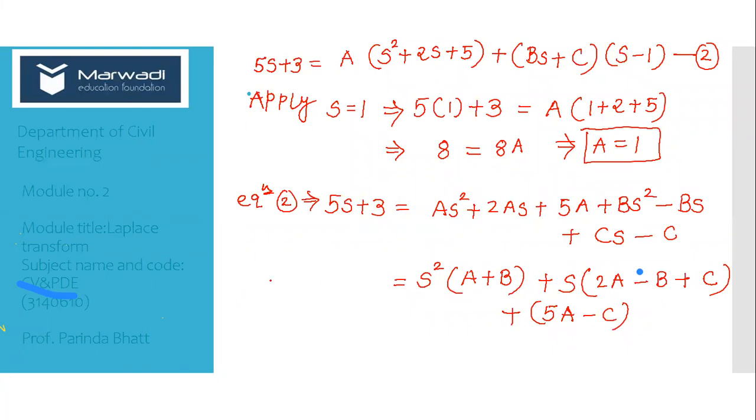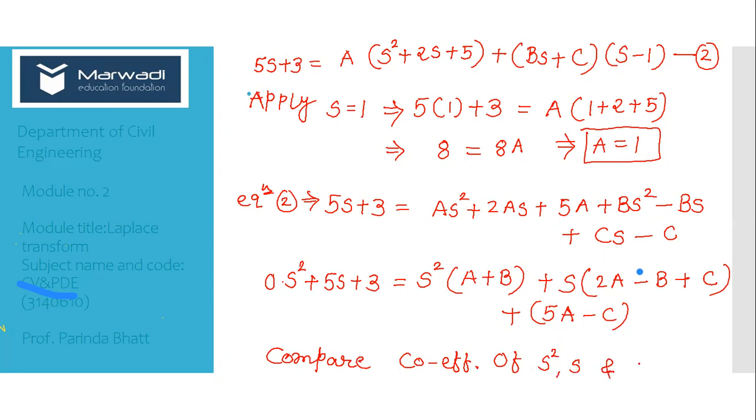And on the left hand side, the s square term is not here, 0 s square plus 5s plus 3. Now compare coefficients of s square, s, and constant on both sides.